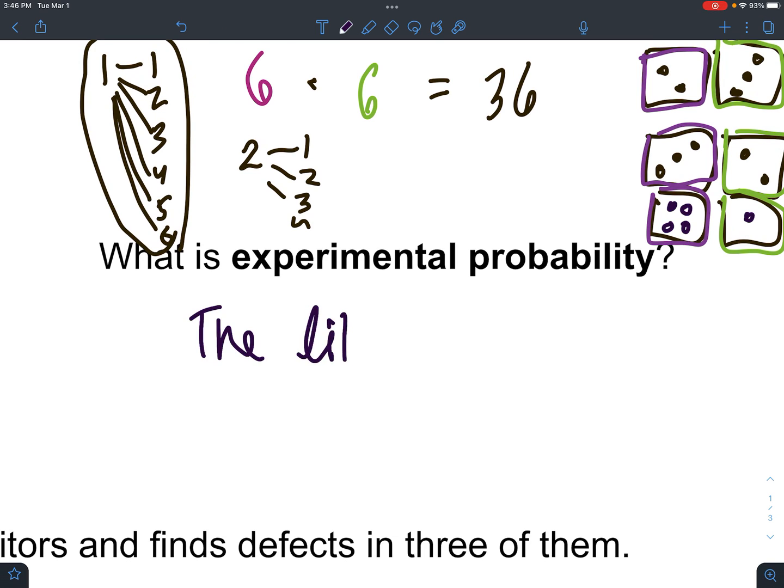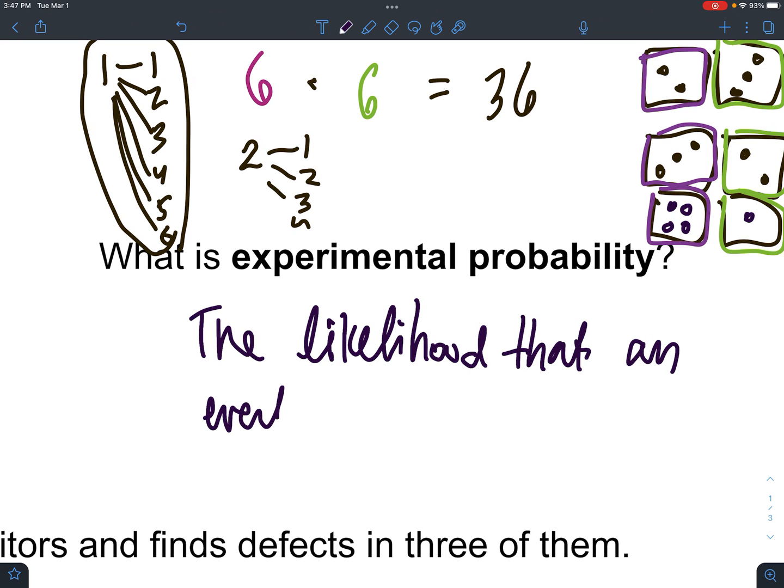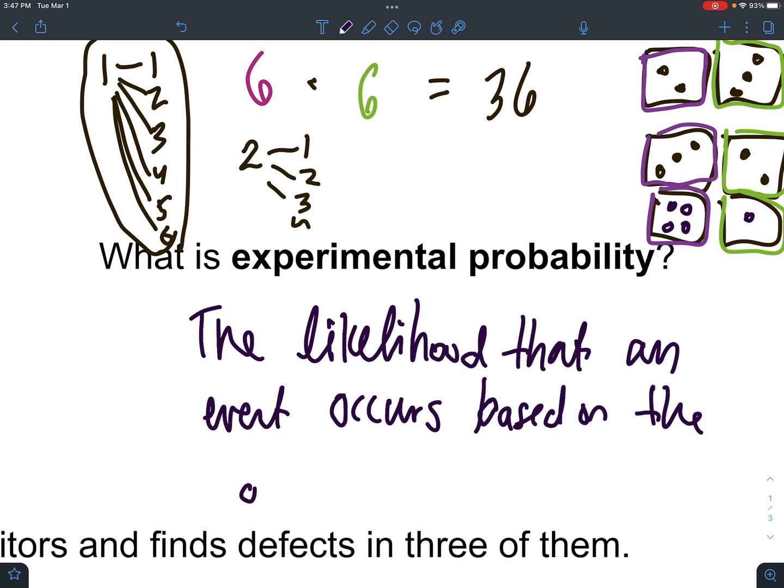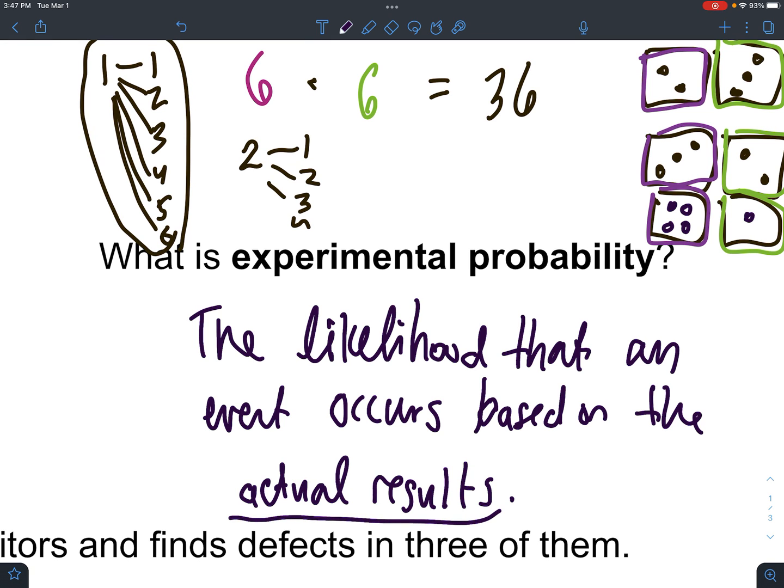It's the likelihood that an event occurs based on the actual results. So this is in both the definitions.